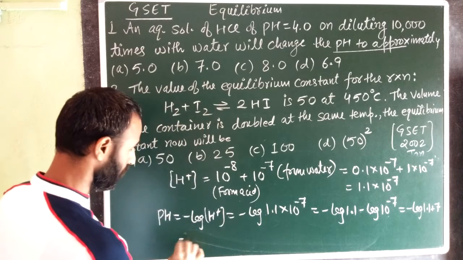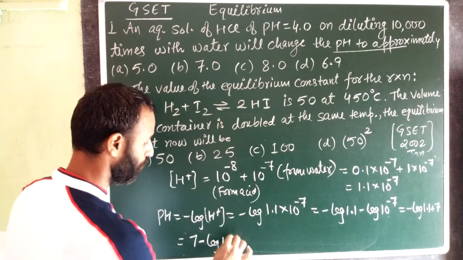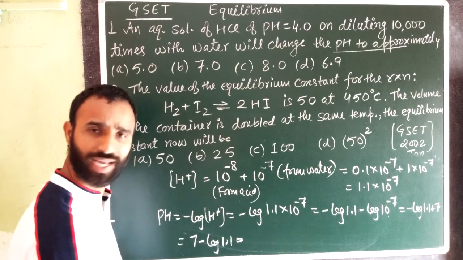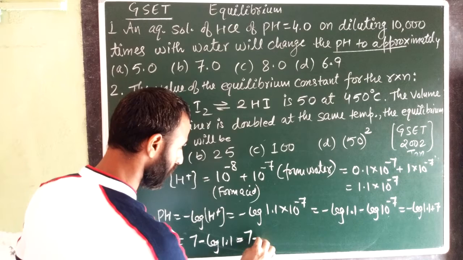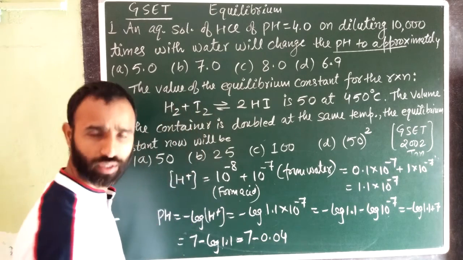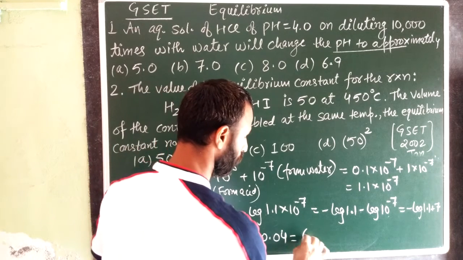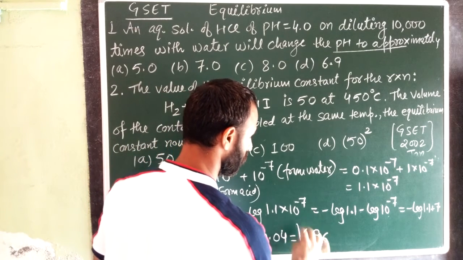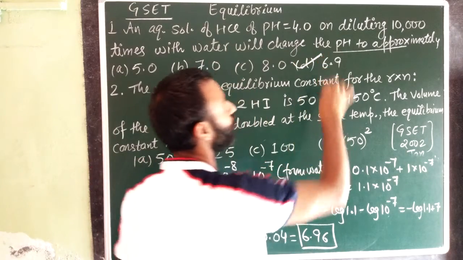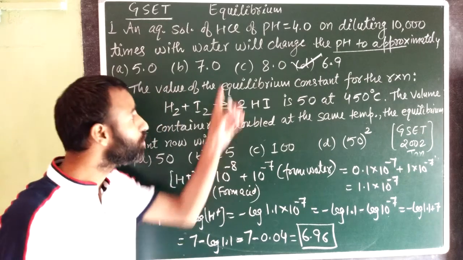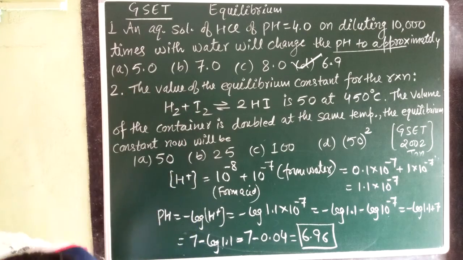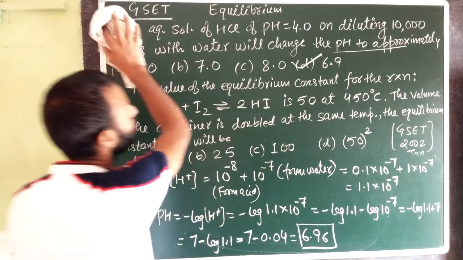So pH is 7 minus log 1.1. Its value is very small, around 0.04, so it comes out to be 6.96. So the pH of the solution is about 6.9, very close to 7 but slightly less than 7. Got it? Okay, so this is the first question.